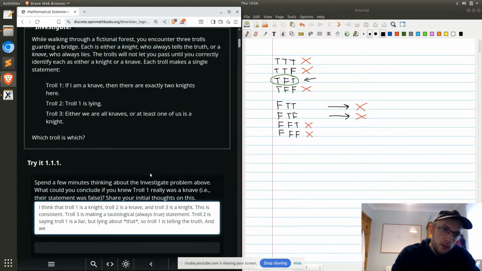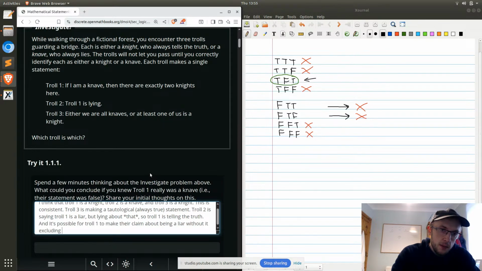And it's possible for troll 1 to make their claim about being a liar without it excluding the analogous claim as a truth teller.